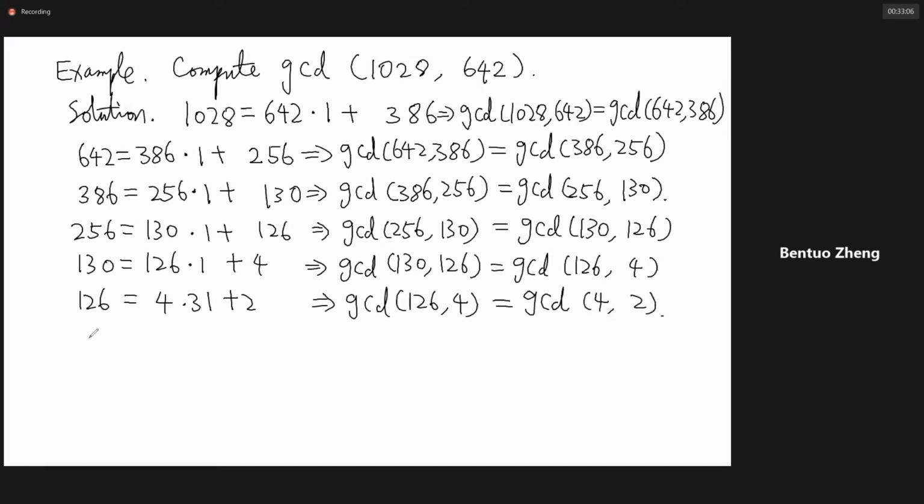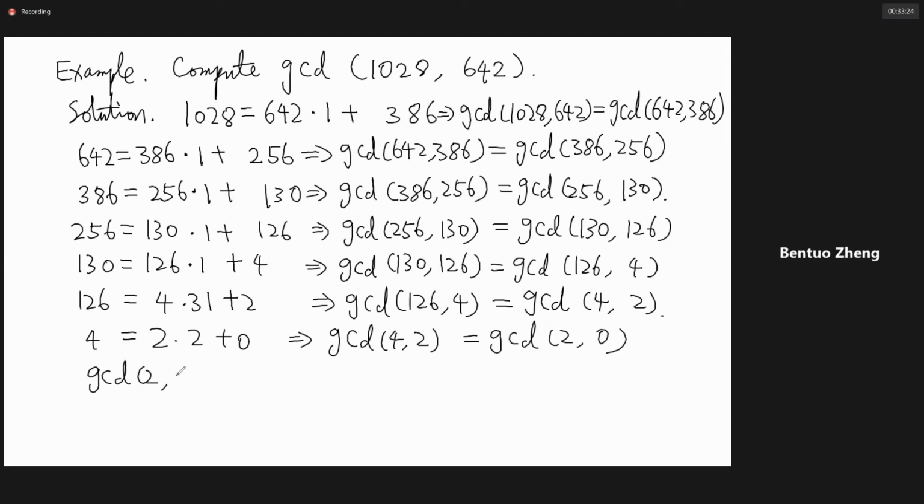Let's do one more time. So 4 is equal to 2 times 2 plus 0. This implies the greatest common divisor of 4 and 2 is equal to the greatest common divisor of 2 and 0. And the greatest common divisor of 2 and 0 by the lemma is equal to 2. This implies the greatest common divisor of the original pair of numbers is just 2.